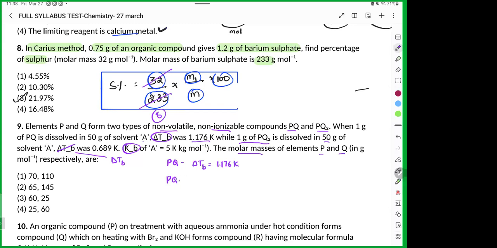In case of PQ2, delta TB value is 0.689 Kelvin, and Kb value of solvent A is 5.